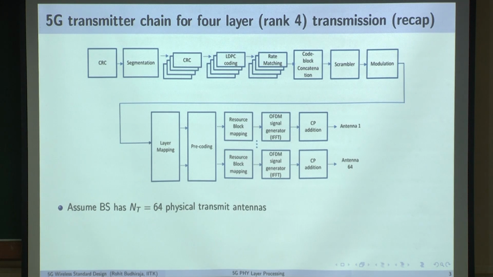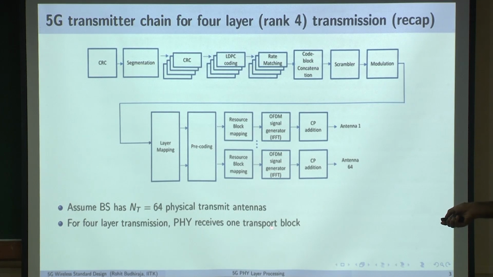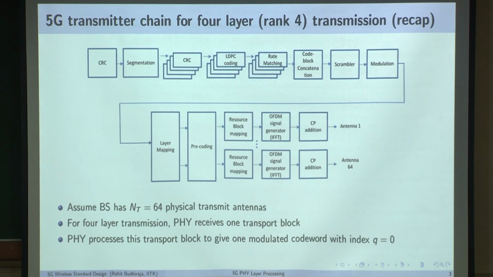We started looking at this chain. For up to 4 layers, the physical layer receives one transport block, and it undergoes this processing, which we understand completely; we have spent considerable time on it.